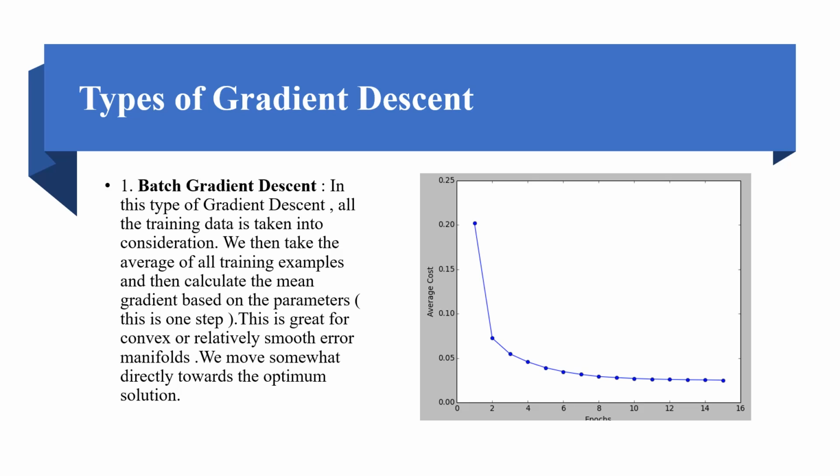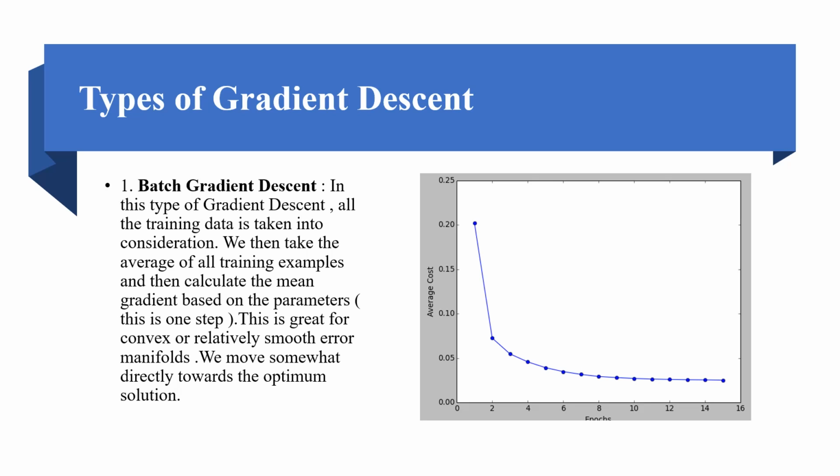Basically, you take all the training data into consideration, calculate gradients for all the examples, and at the end you just average all of them, and then it gives you the steps. So this is the first step, it's a big one, and then we go on to the minima.